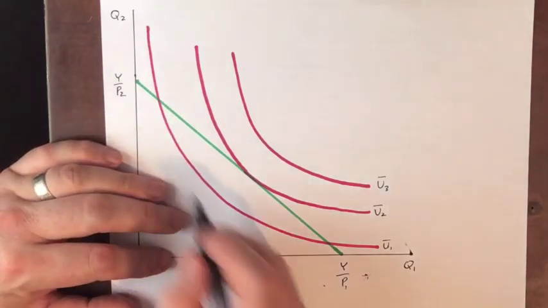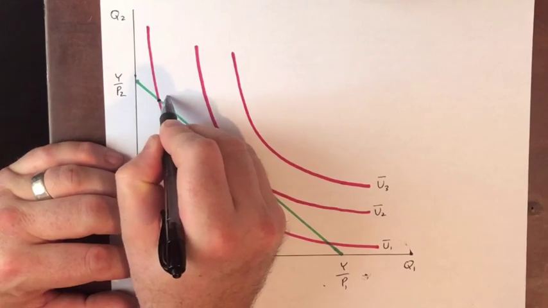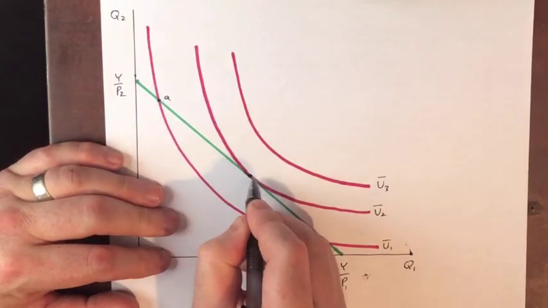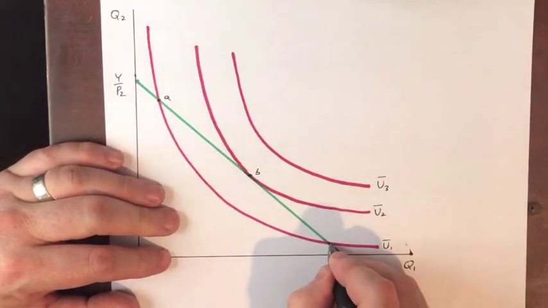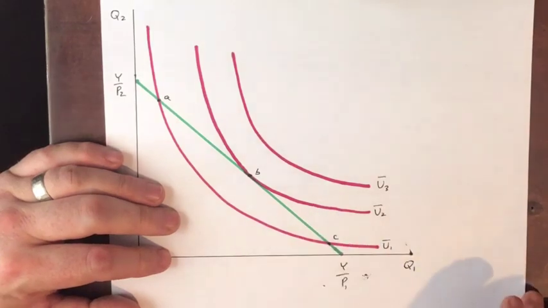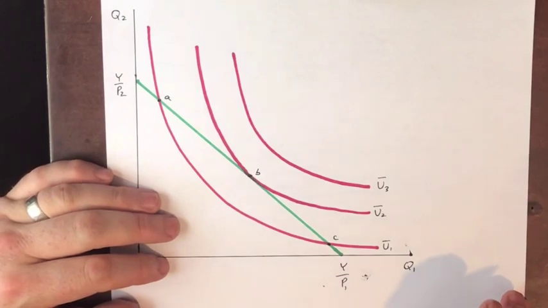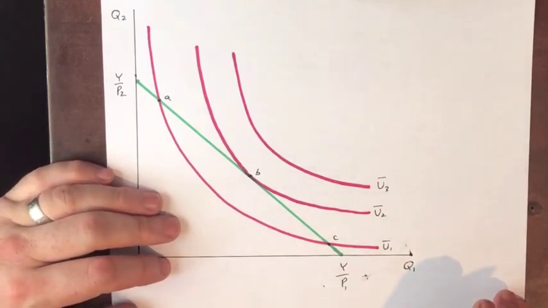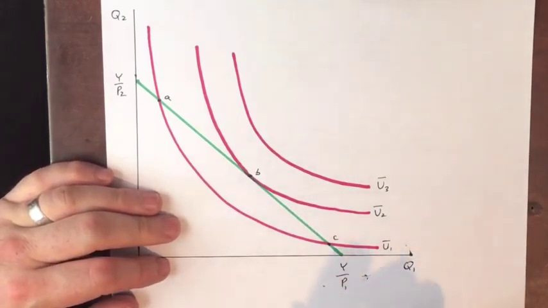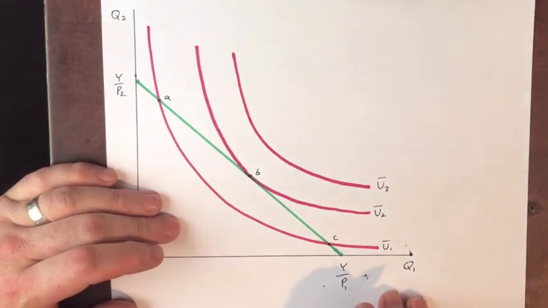And I'm going to add a couple of points here: point A, point B, and point C. Here's what we can infer logically based on our assumptions and everything we've done thus far.